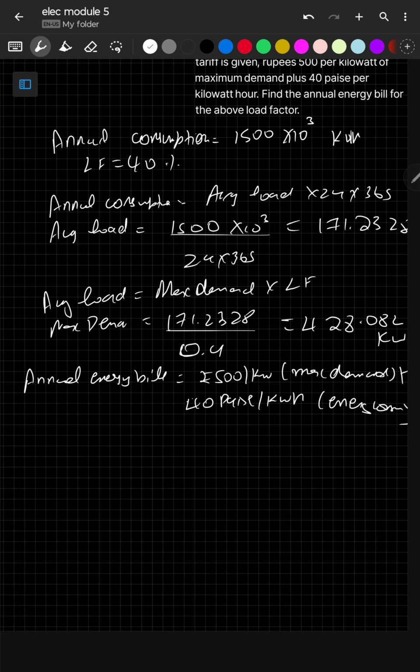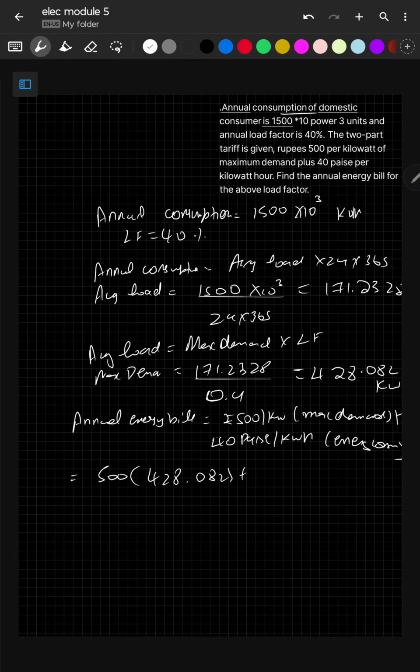Okay, that will become 500 into 428.082 plus 40 paise. I told you that 1 rupee is 100 paise. So for 40 paise, how many rupees? 40 by 100. So 0.4 into energy consumed, they are given in the question, into 10 power 3.